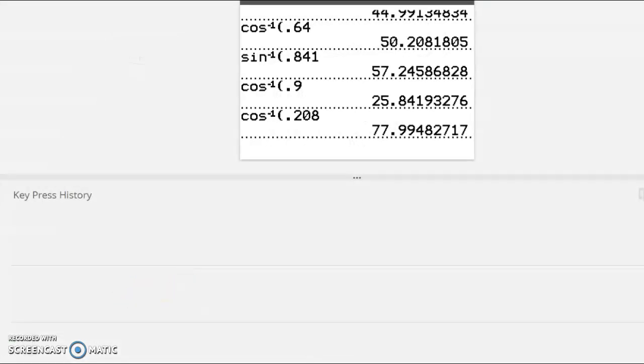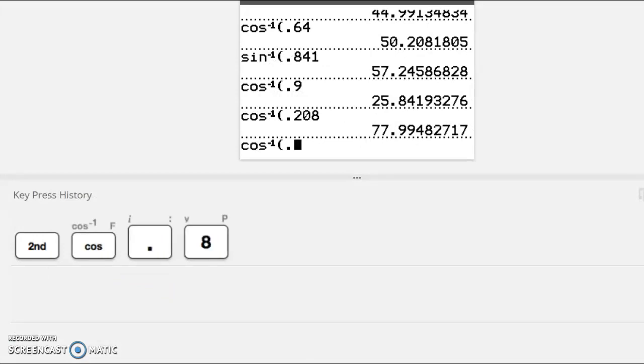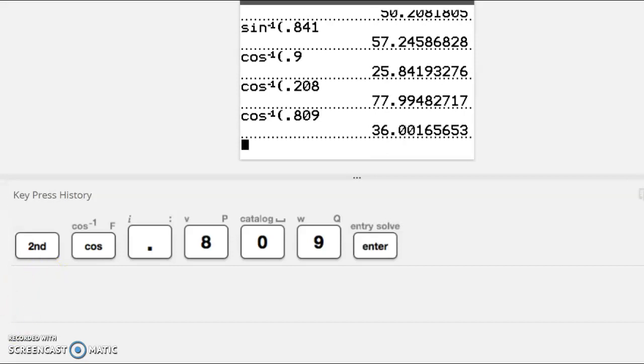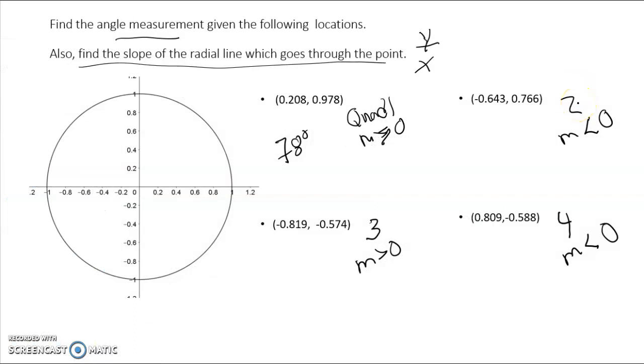In quad 4, we're at cosine inverse of 0.809, and we're at 36 degrees. So if our reference angle is 36 degrees, we're going to take 360 minus 36, and we're going to be at 324 degrees.